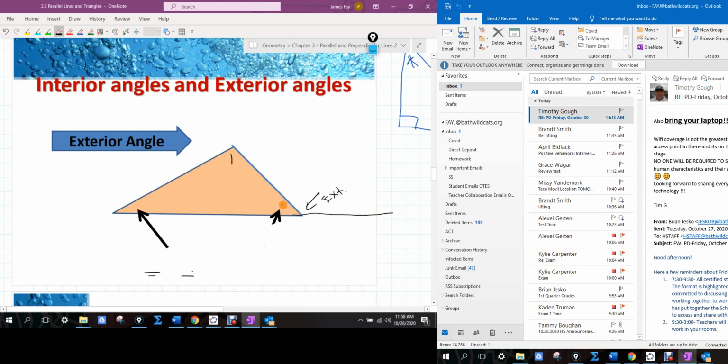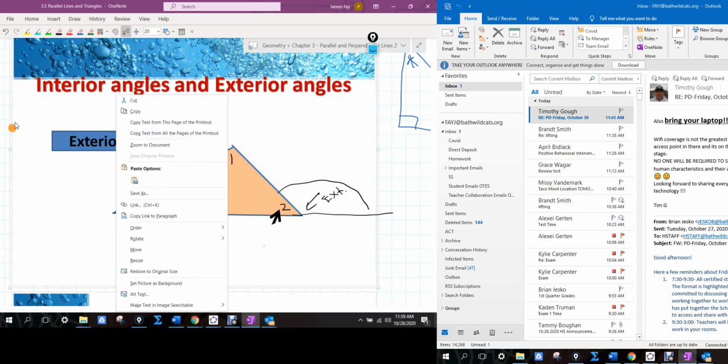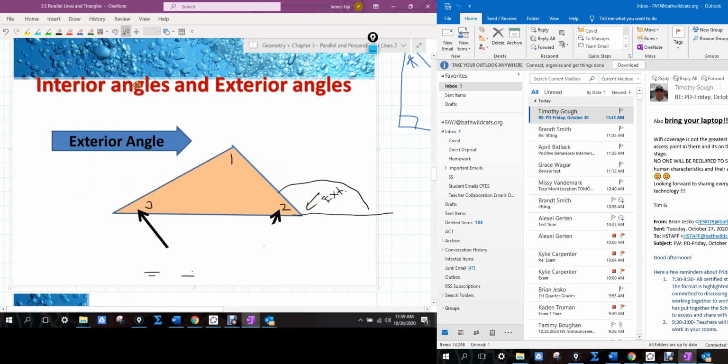Which angles, 1, 2, or 3, are farthest away from this exterior angle? 3 and 1. Okay, so those would be considered remote interior if I focus on this exterior angle, right? So my remote interior angles are all referenced off of first identifying which exterior angle you're looking at. Okay, you might have questions on that?